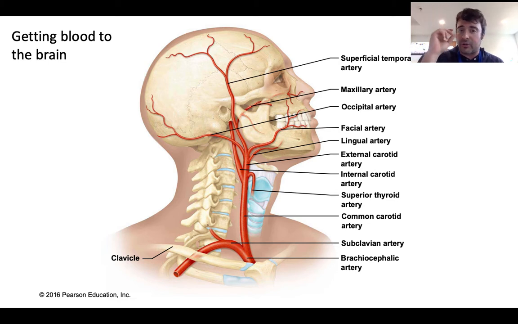It also branches to form the ophthalmic artery, which takes blood to the eye, which is really important because the eye needs blood, notably the retina. Another really important artery in this particular situation is the vertebral artery.